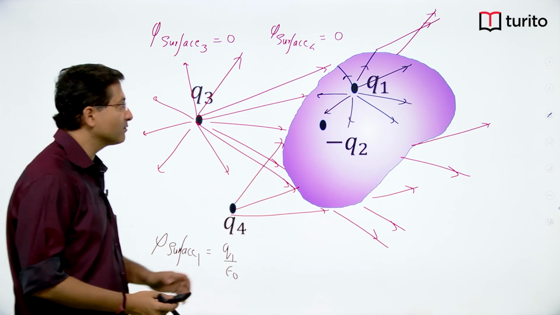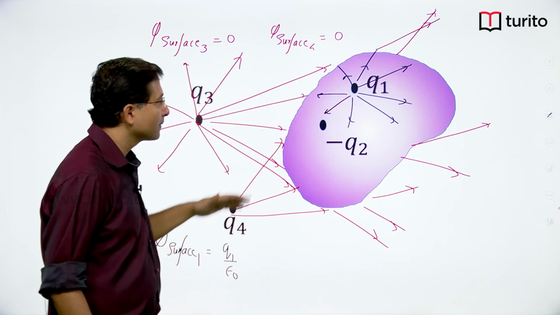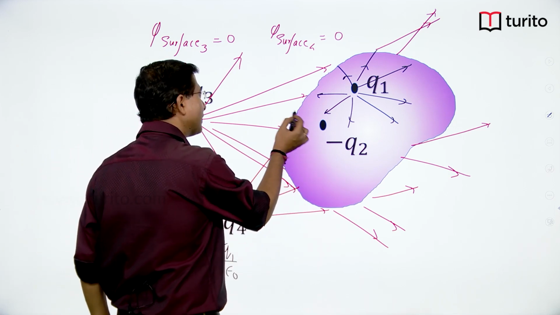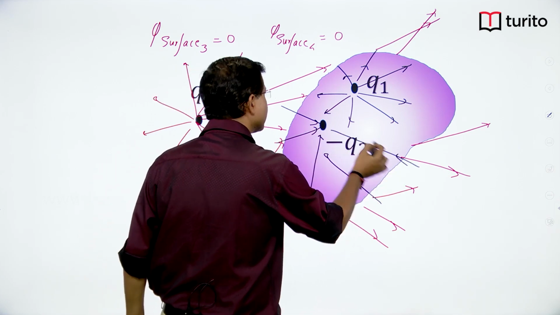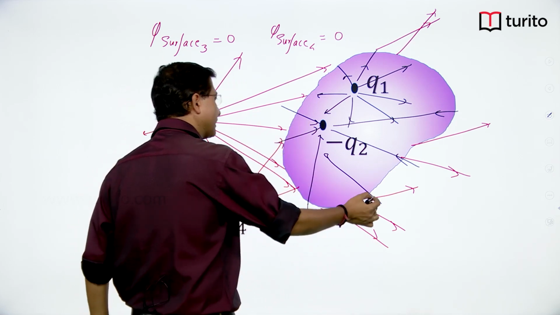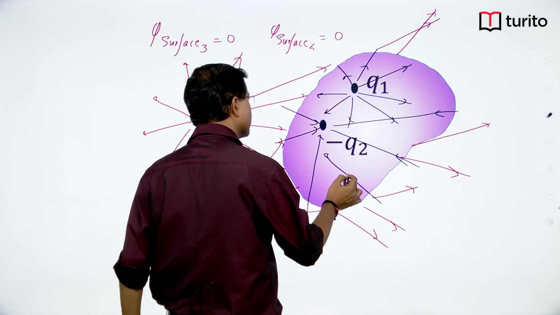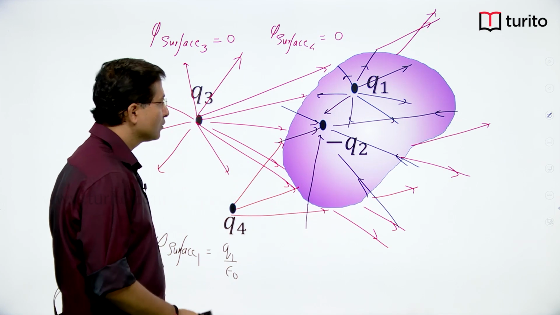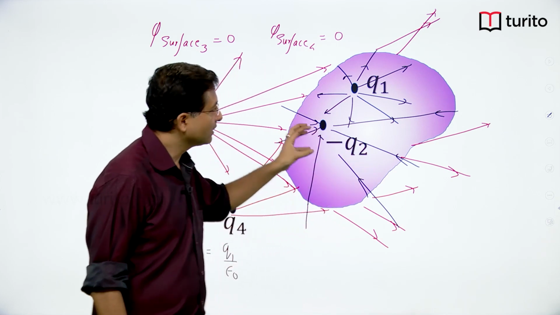As the charge is positive, lines will be originating from the charge and going till infinity, so it will contribute positive flux. What if our charge is negative, like we have here? Lines will be coming from infinity and terminating at this negative charge. You can see that lines are getting into the surface, so they will be contributing negative flux. So all these lines which are terminating at Q2 are contributing negative flux.